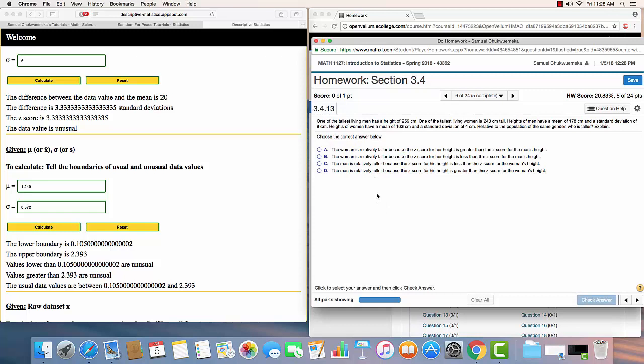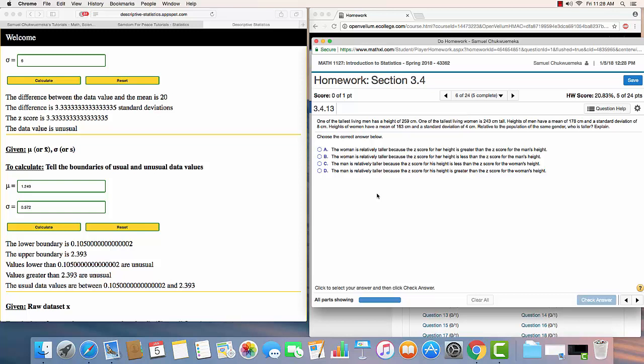Question 6. One of the tallest living men has a height of 259 centimeters. One of the tallest living women is 243 centimeters tall. Heights of men have a mean of 178 centimeters and a standard deviation of 8 centimeters.